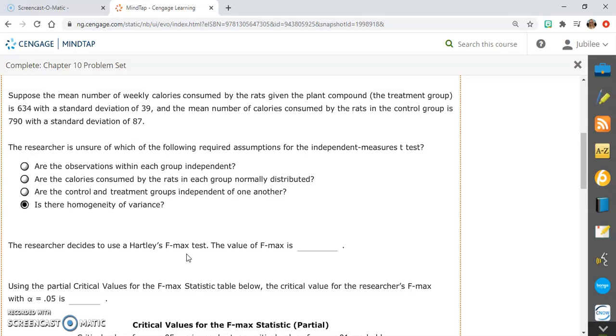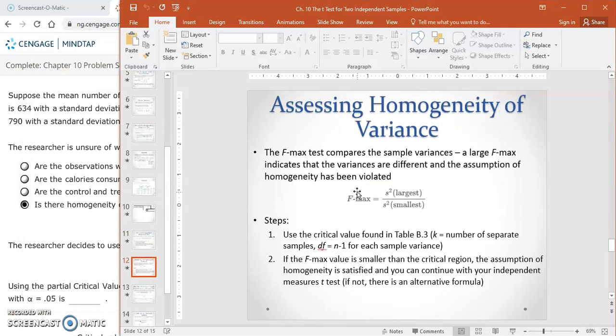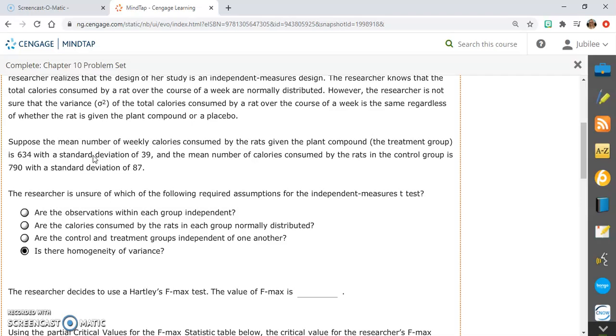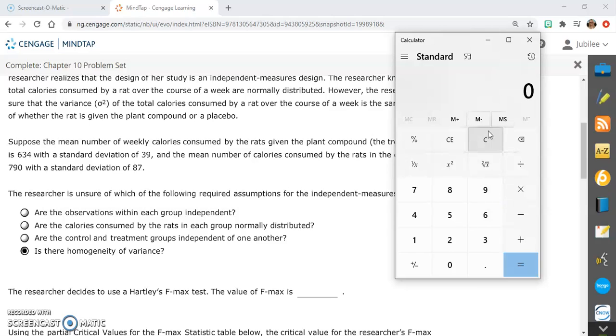So we have to do an F-max test. If you go back to the PowerPoint, you will see that the F-max test takes the largest variance divided by the smallest variance, and that gives us our value. So I see here that the question gave me the standard deviation, but not the variance. So to get the variance from the standard deviation, you simply square it.